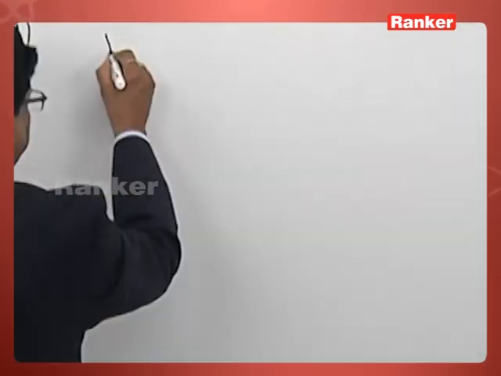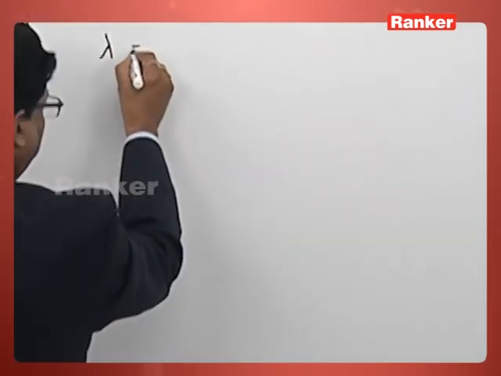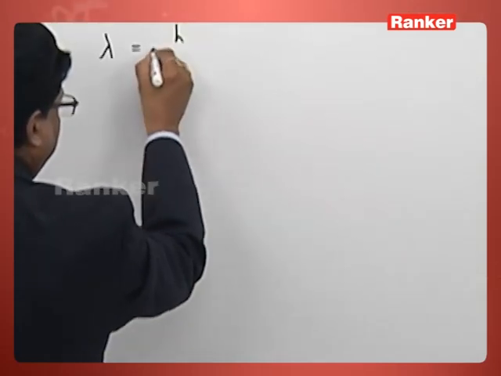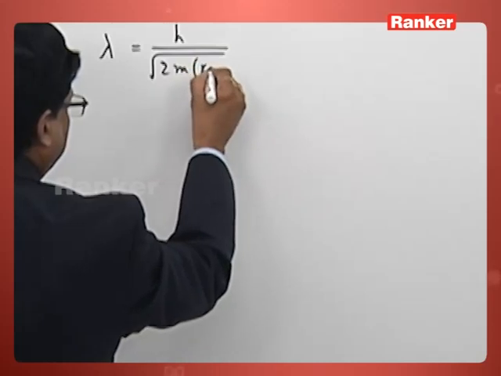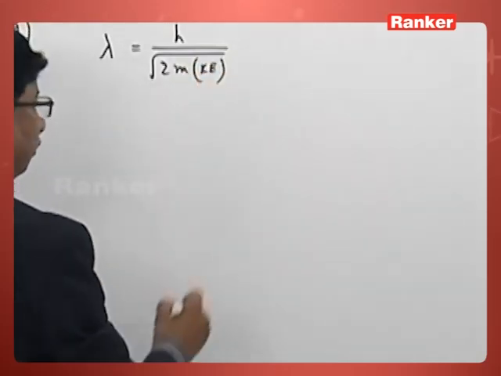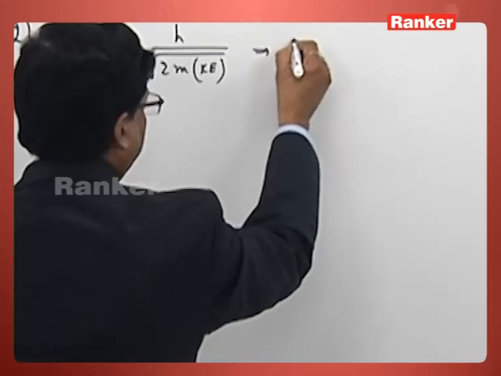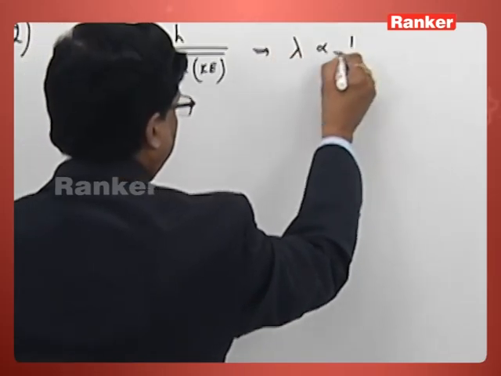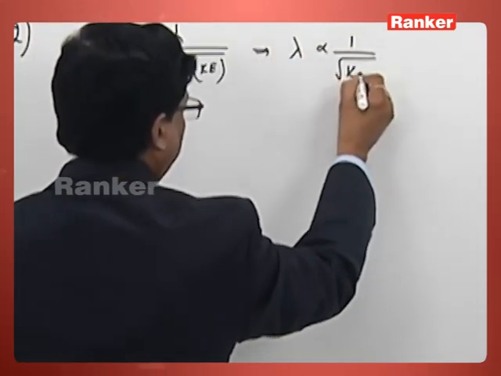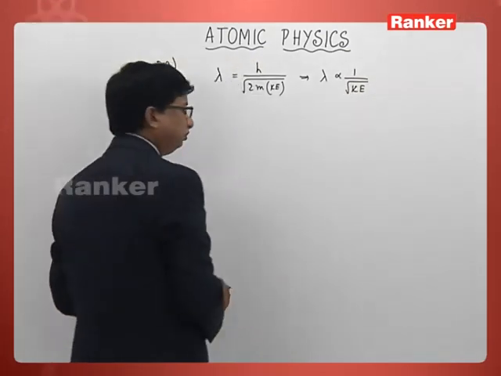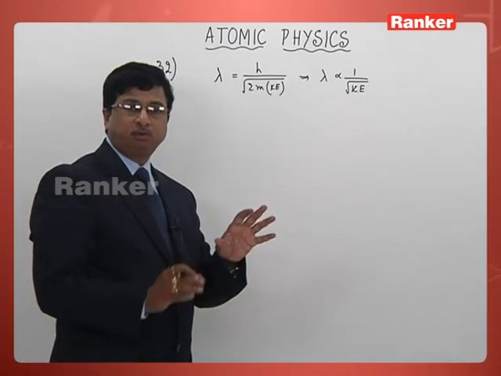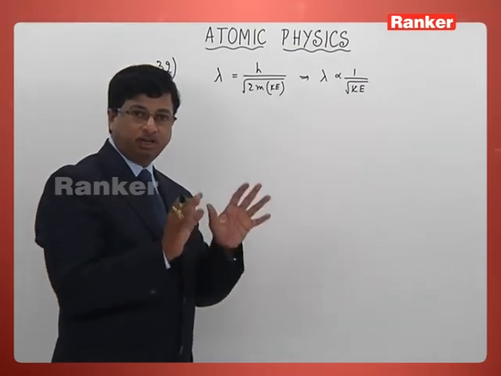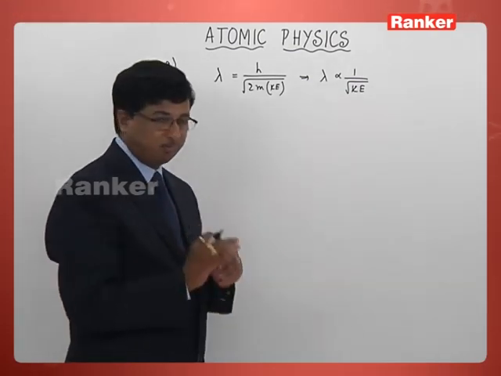Lambda is equal to h by root under 2m into Ke. This is the formula known to all of us. So we can now write lambda is inversely proportional to the square root of kinetic energy. That is the relation between lambda and kinetic energy.